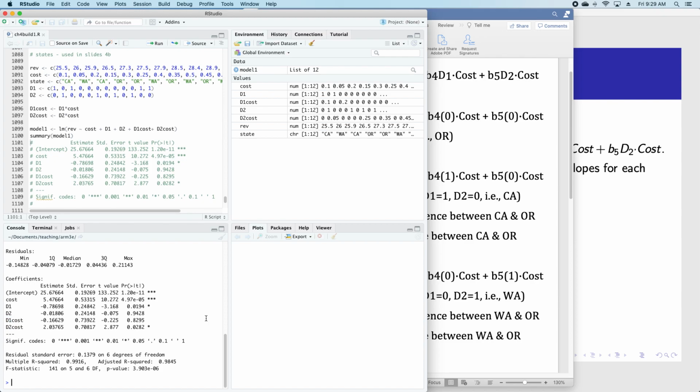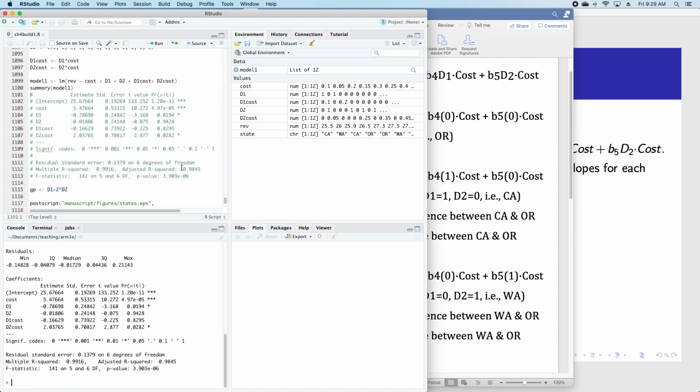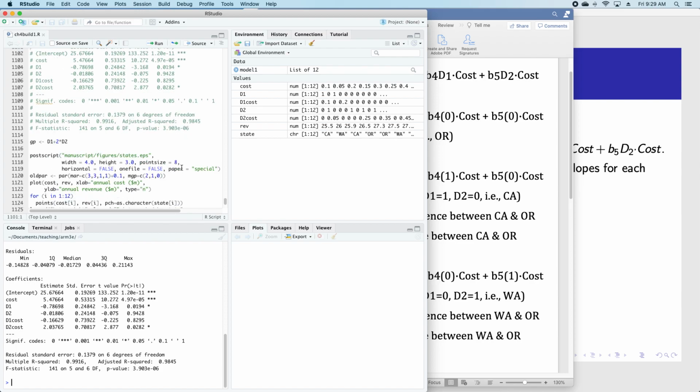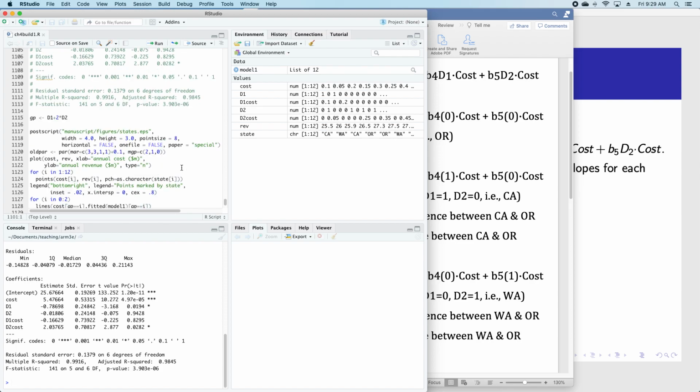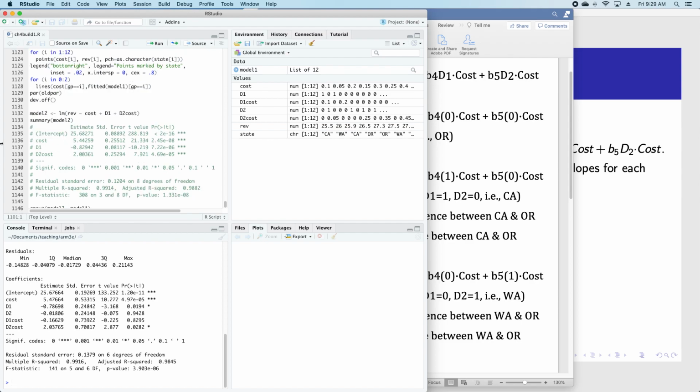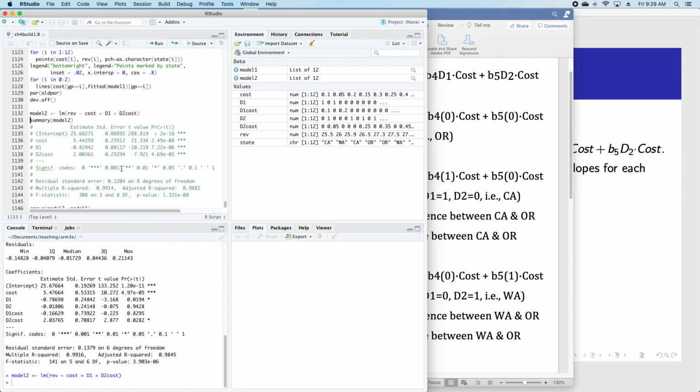So we talked about comparing models before, and so what we would do here is let's see if we can remove D2 and D1 cost from the model by doing a nested model F-test. So I'll fit a second model without those predictors.